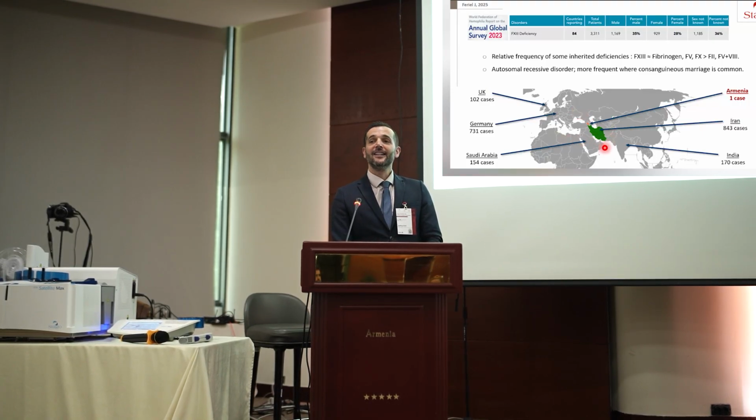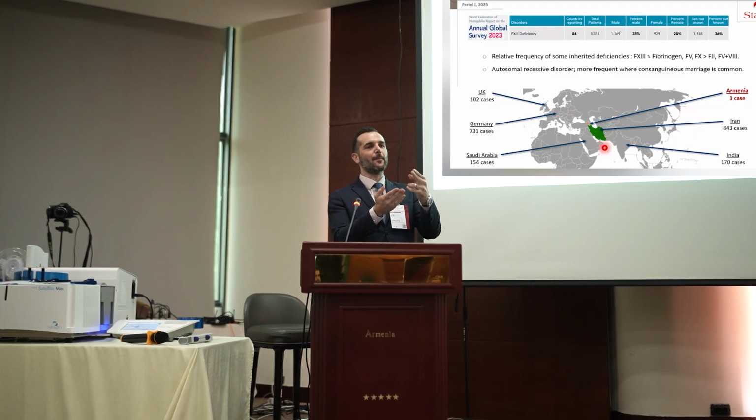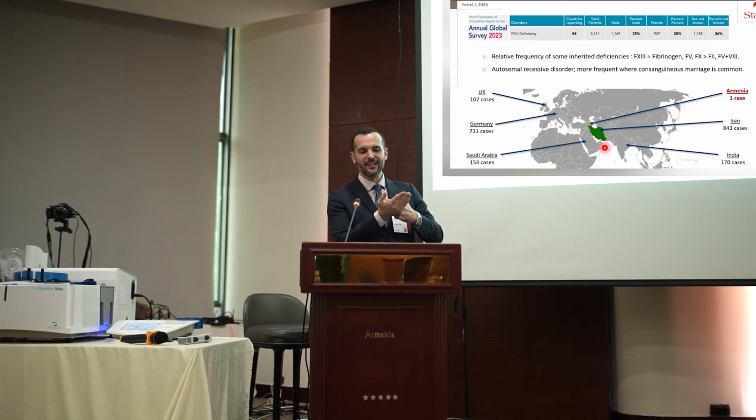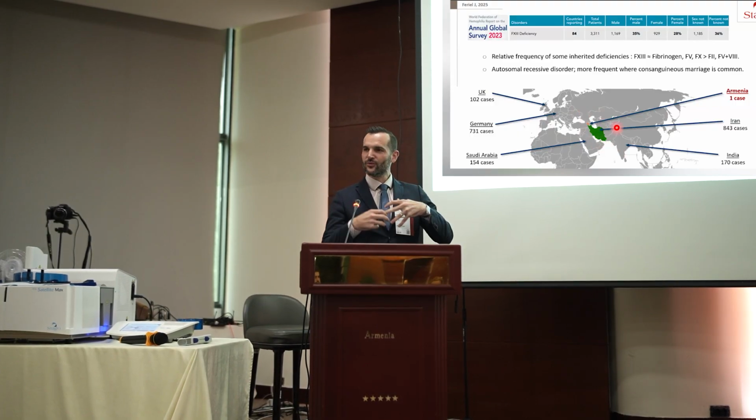Yesterday, when I was in the taxi to come here, the taxi driver told me that there are many Armenians that live in Iran, and that there are some Iranians that live in Armenia. So maybe it's important for you to know this disorder.